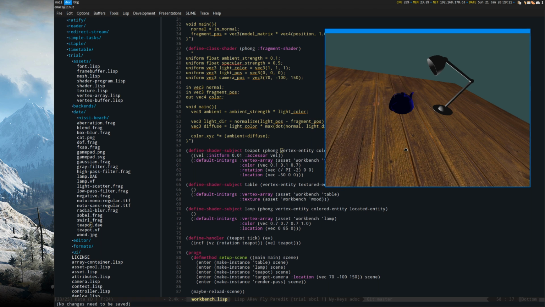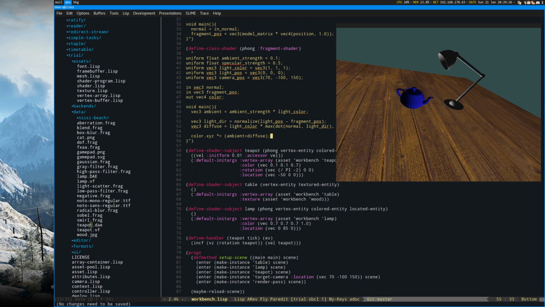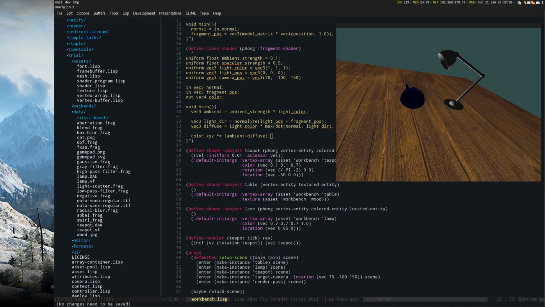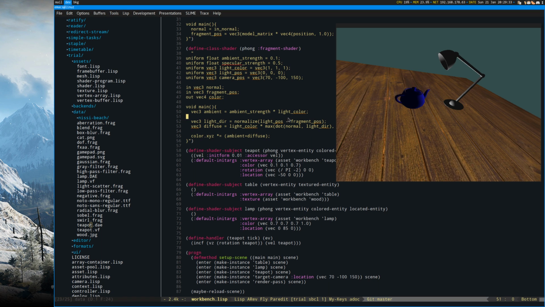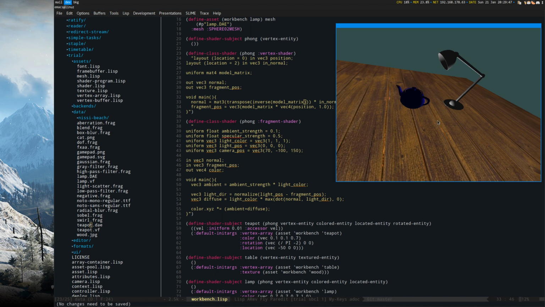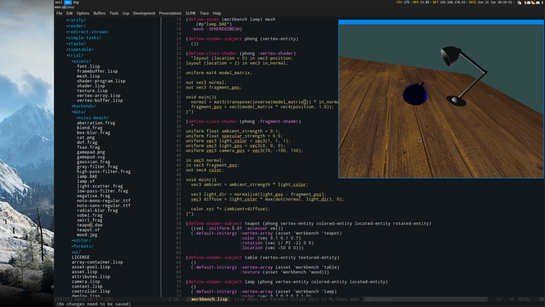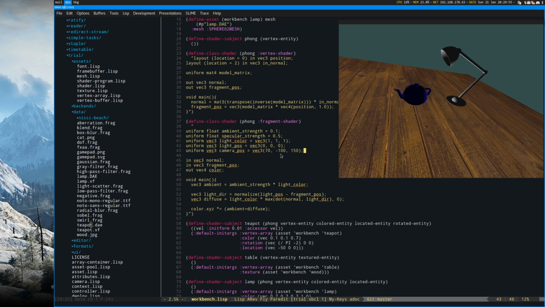Oh no, the rotation. That's because we are not applying the translation matrix to the normal, as I just discussed. So, I need this. Oh no, the immersion is ruined. There we go. Fixed it. Good.